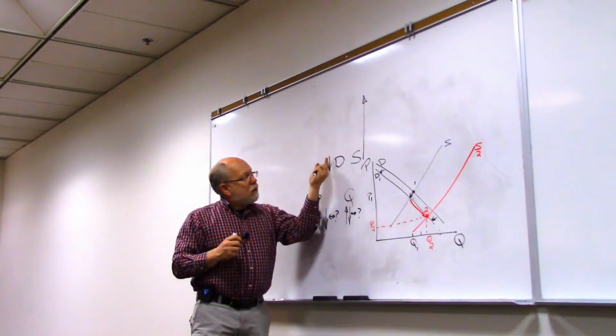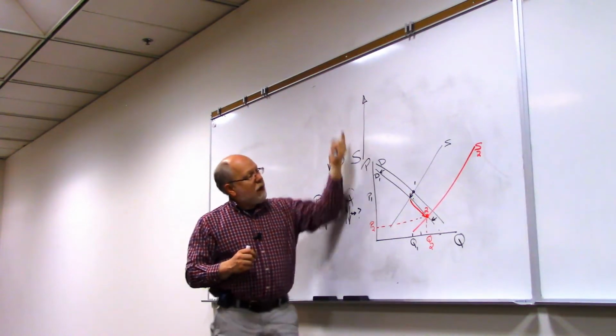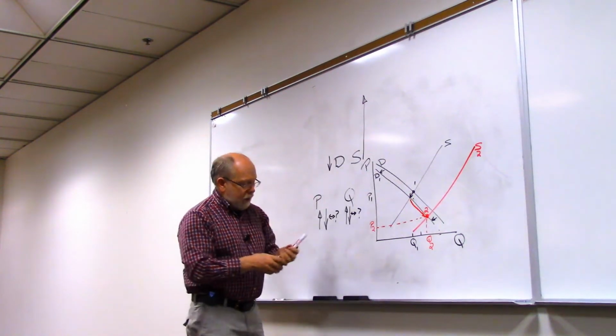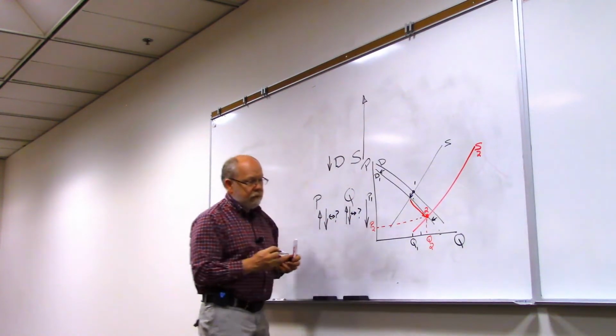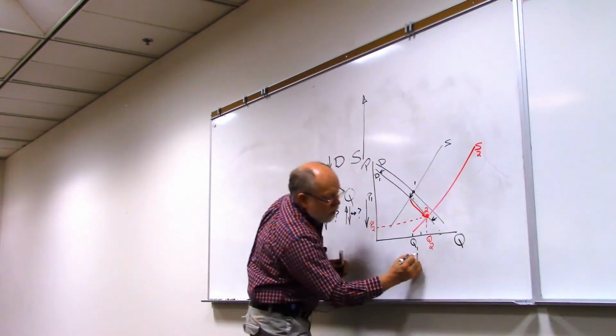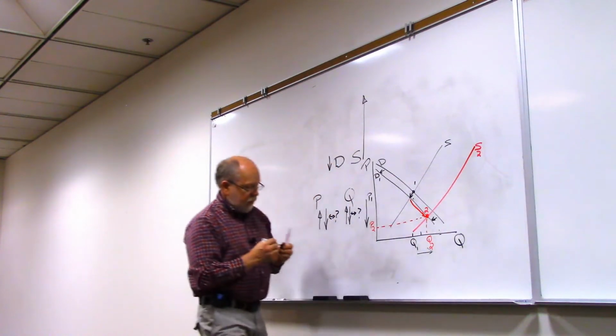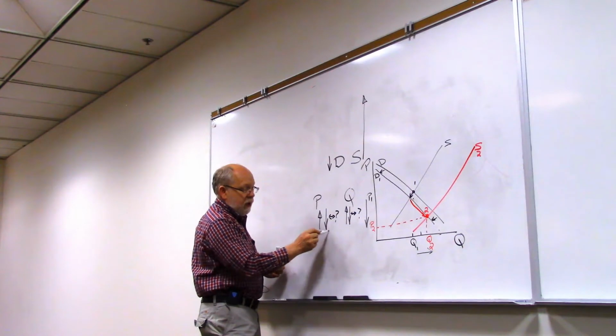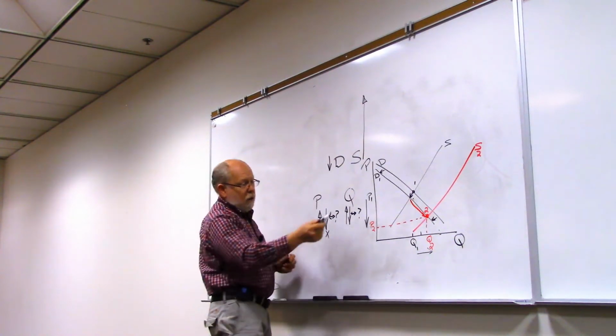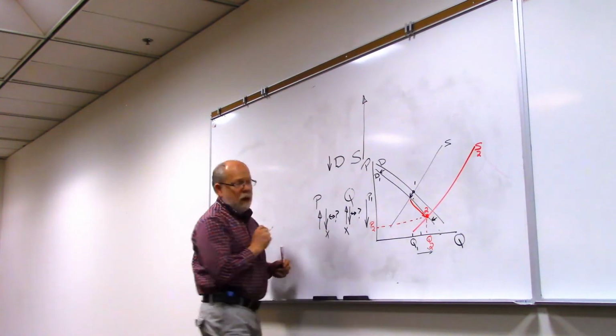So if demand goes down a little and supply goes up a lot, the price is going to fall like a stone, and the quantity is going to go up by some measure. So in this case, price goes down and quantity goes up.